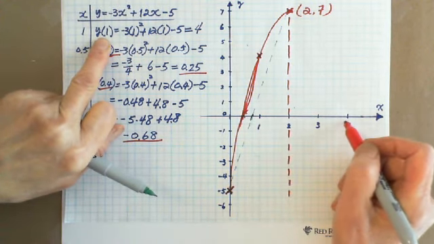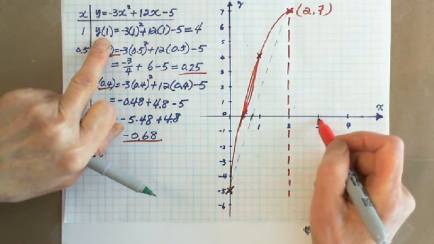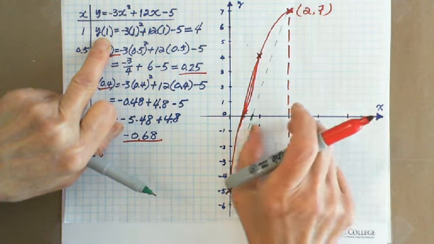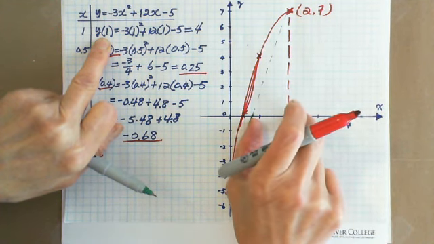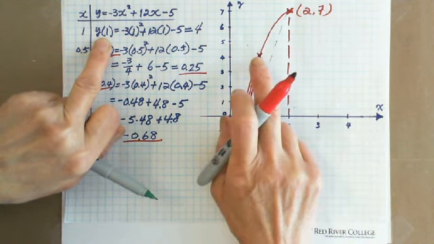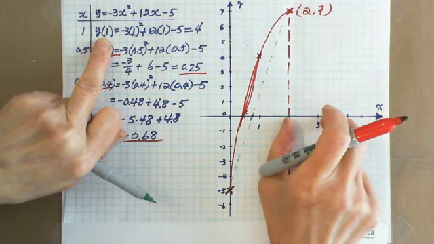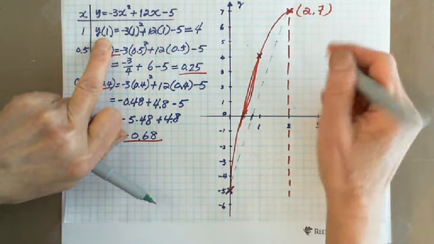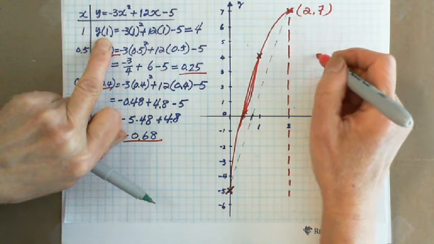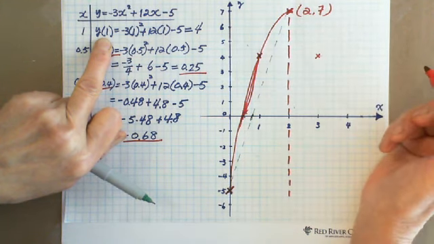On the other side, when x equals 3, because this is 1 unit away from the symmetry line, it also gets 4.